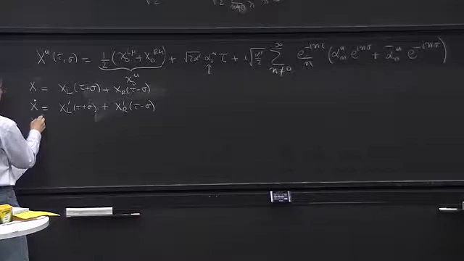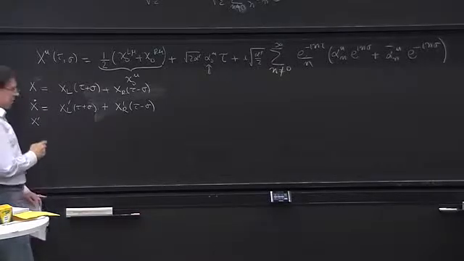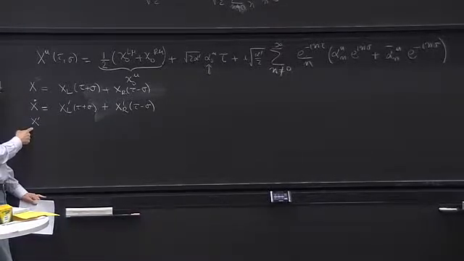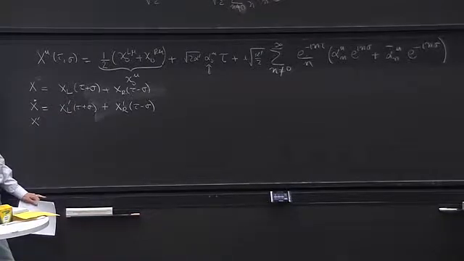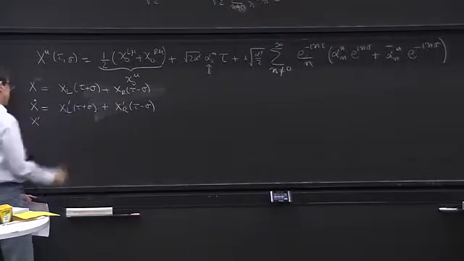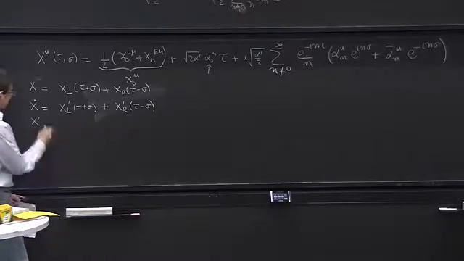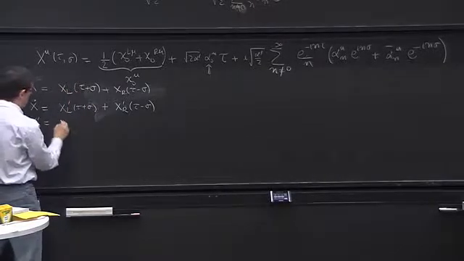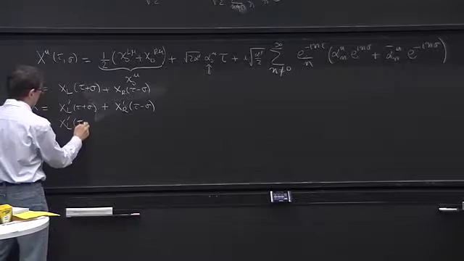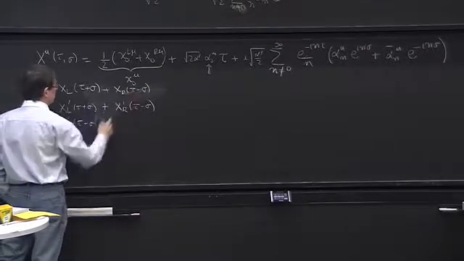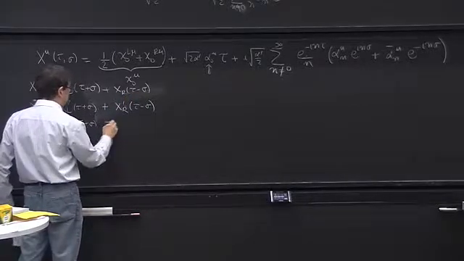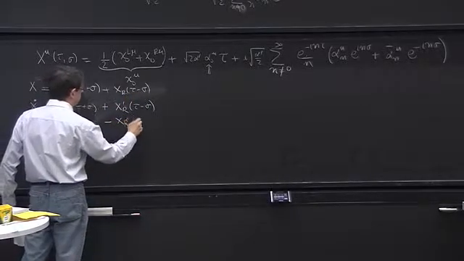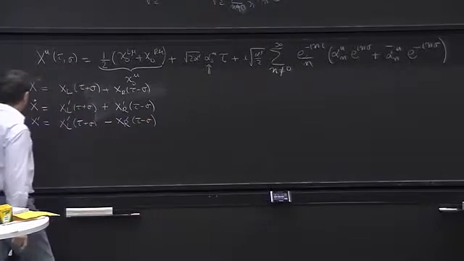What is x prime? Now, it's a small confusion. On the left-hand side, this x prime means the derivative with respect to sigma. And on the right, it means with respect to the arguments. Anyway, with respect to sigma, you get x left prime of tau plus sigma. And here you get an extra sign because you have to further differentiate the argument with respect to sigma. So you get minus x right prime of tau minus sigma.